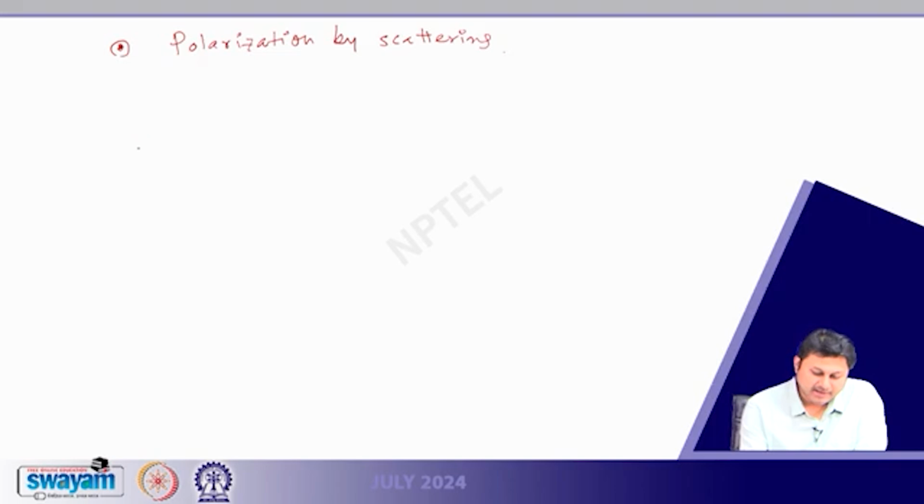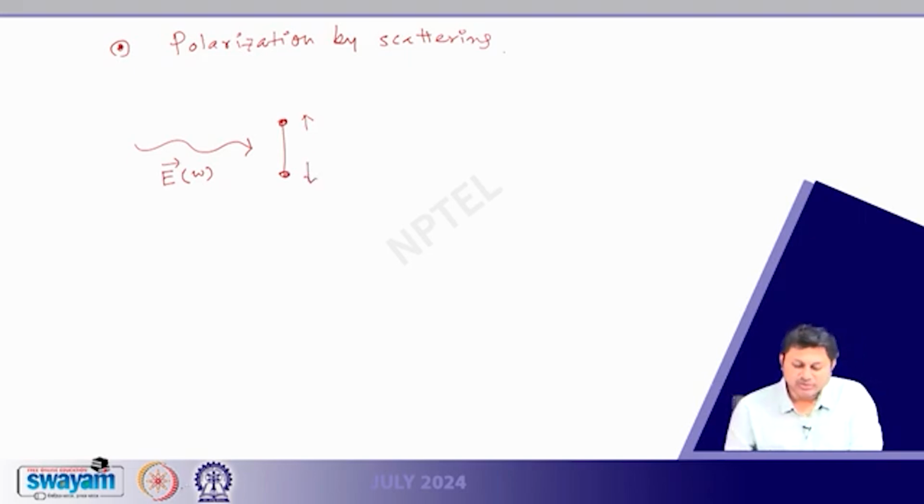What happens in scattering? Let me draw it once again. When the electric field is coming, which has a frequency say omega, and it falls on a system where we have dipoles, these dipoles will start vibrating, and we know that when a dipole vibrates it starts to radiate.